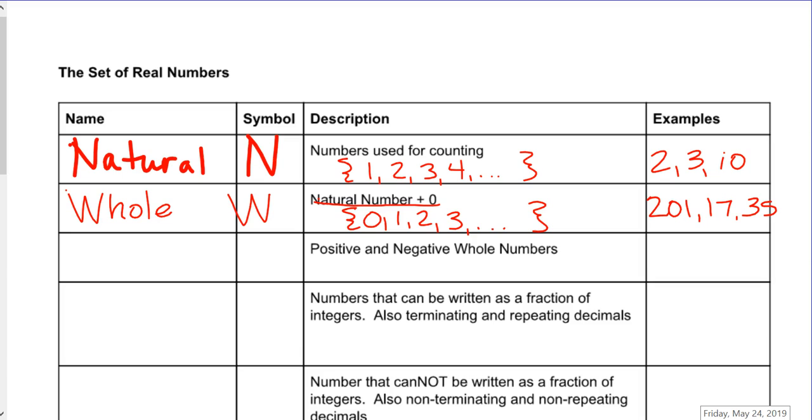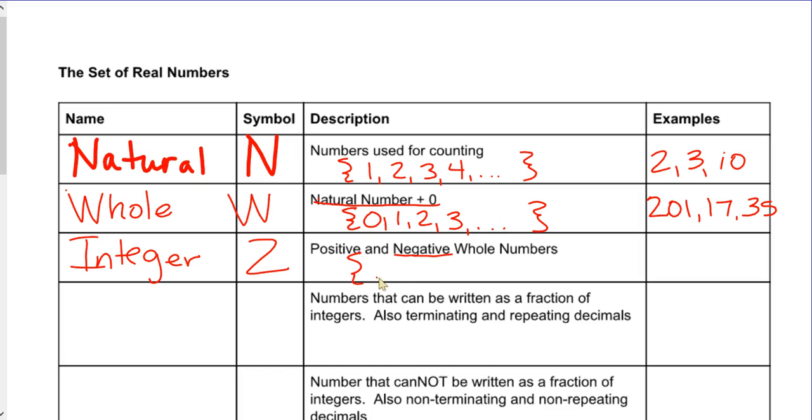Now, when we take all of those numbers but include their opposites, which would be the negative numbers, then that is what we refer to as the integers set. Normally, this is represented by a Z. Why? I'm not really sure. And I is used for a different set, but I don't know where the Z comes from.